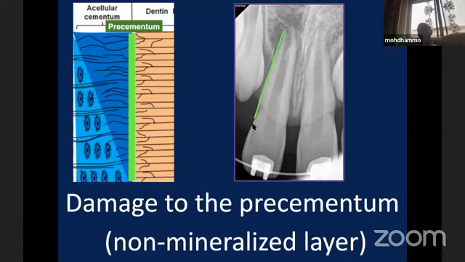Now, the tooth's outer surface is covered by pre-cementum. And this pre-cementum, which is a non-mineralized layer, will protect the dentine. So when we have a trauma, what will happen?